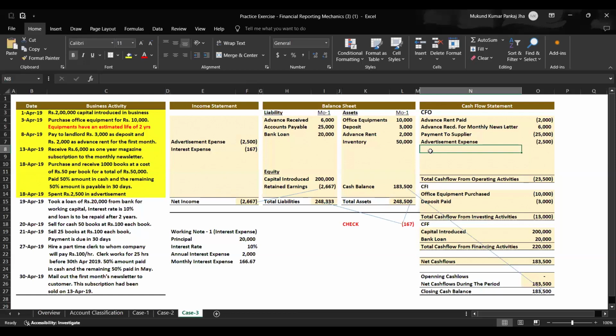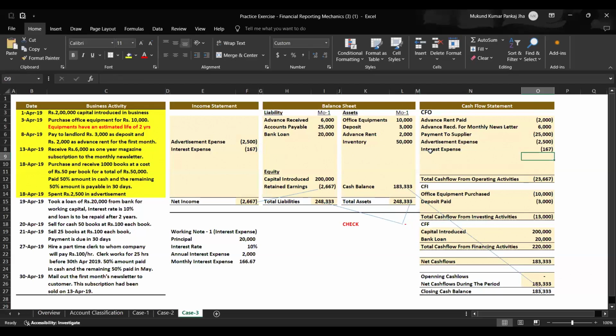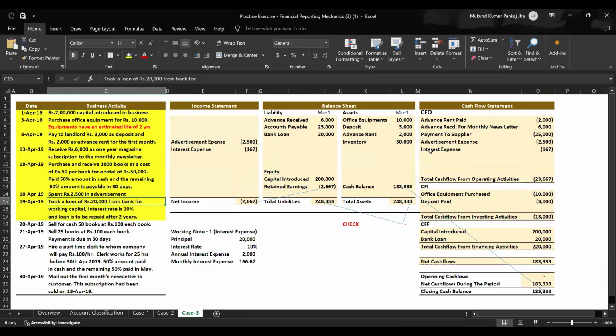So let's keep interest expense as a part of CFO only. So interest expense, this would be the amount. Similarly, can you calculate depreciation and give me the depreciation value for this month by using the same working note? Not the same working note, but a similar working note.